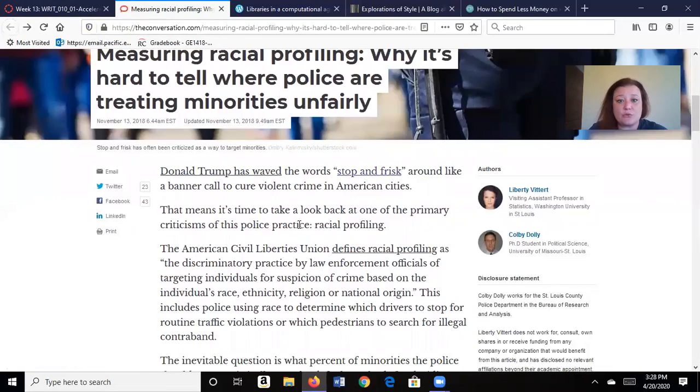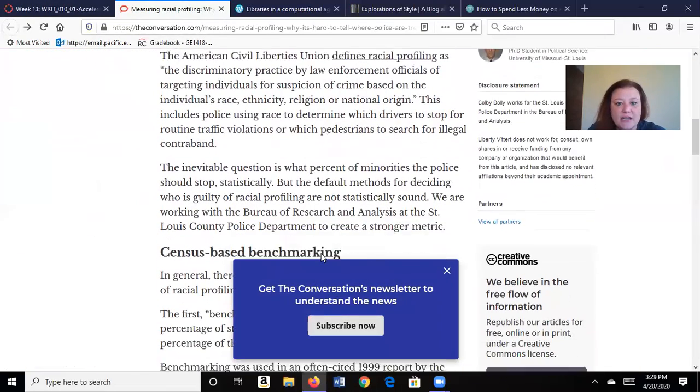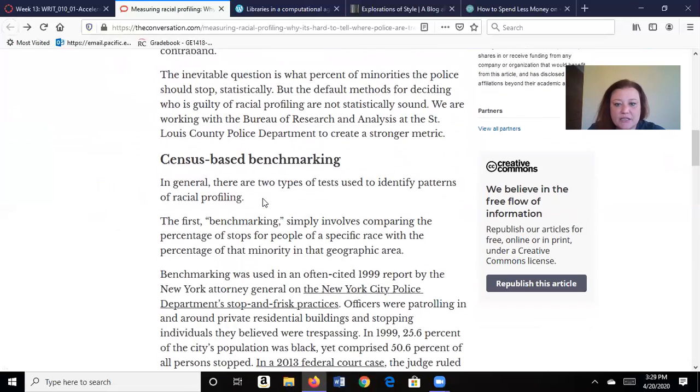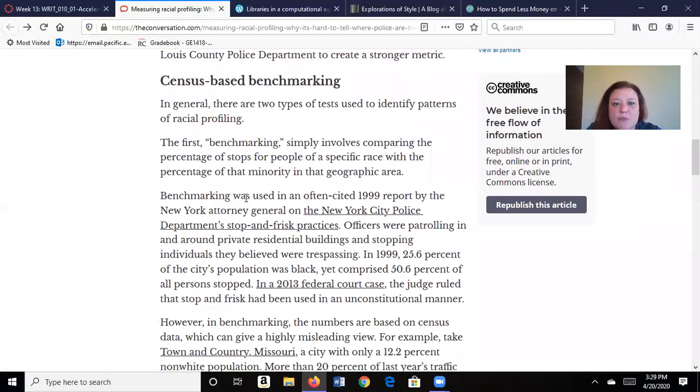So let's go back to the blog. Let's look at another hyperlink. Benchmarking was used in an often cited 1999 report by the New York Attorney General on the New York City Police Department stop and frisk practices. Oh, it's going back to stop and frisk again. However, my guess is it's going to take us to the New York City Police Department's website. Let's check.